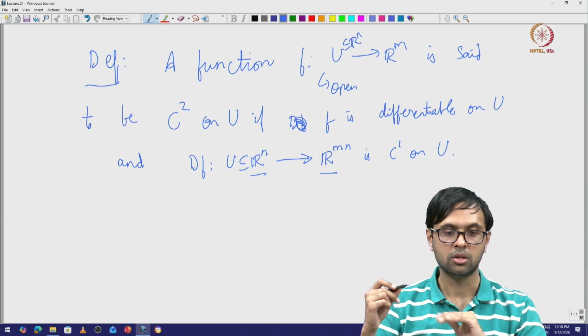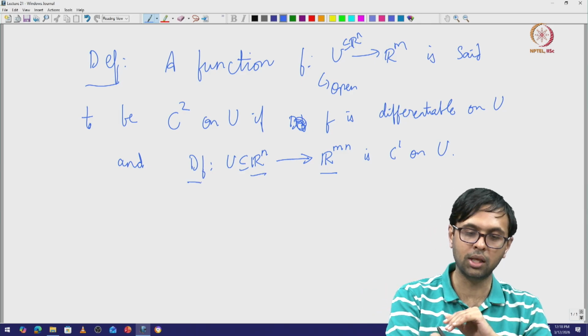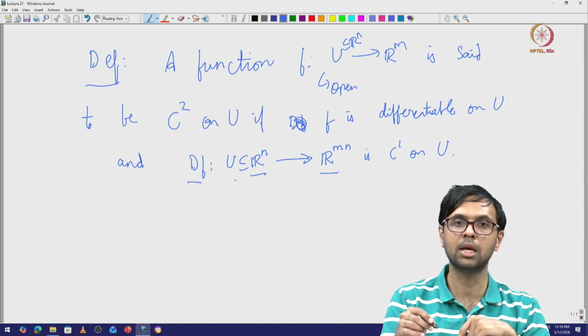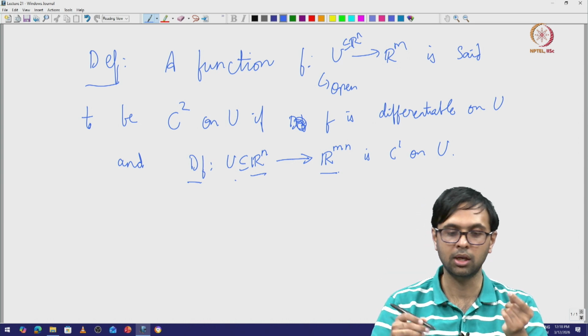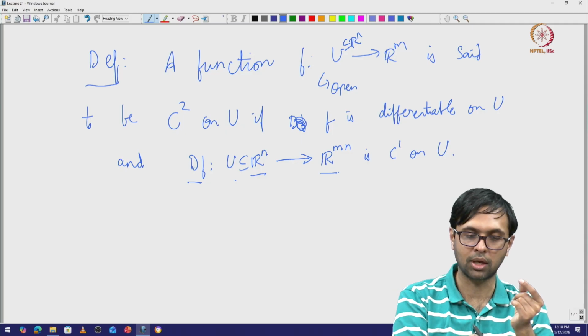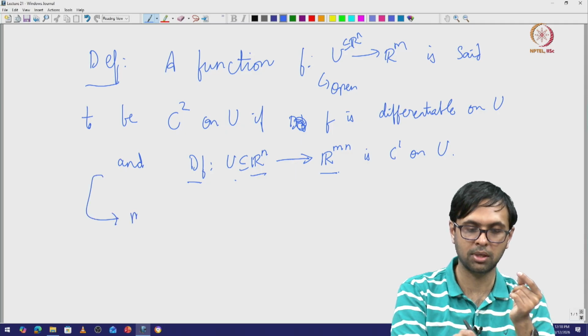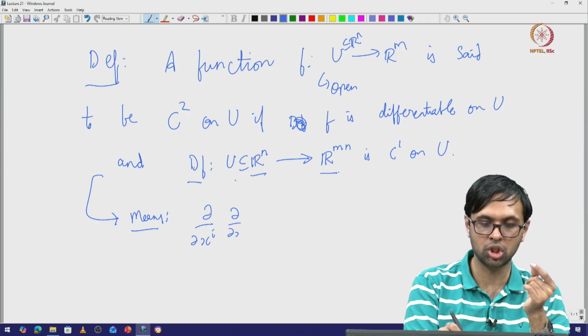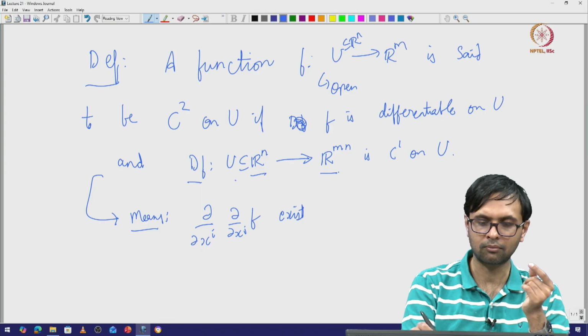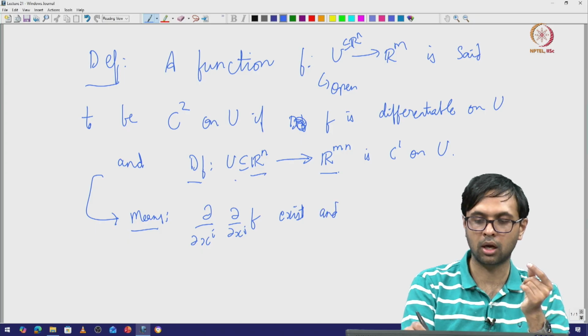So if the derivative is already a function of this sort, and we take a further derivative of it, this means the following: all the partial derivatives dxi of dxj exist and are continuous.